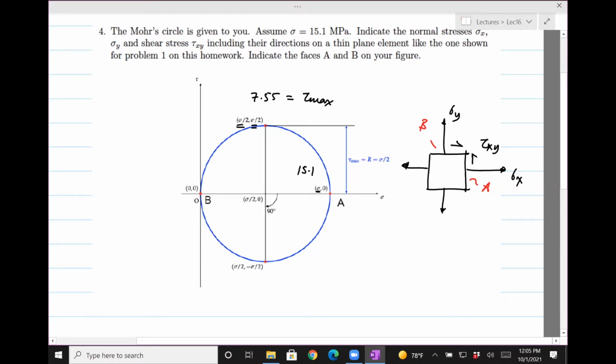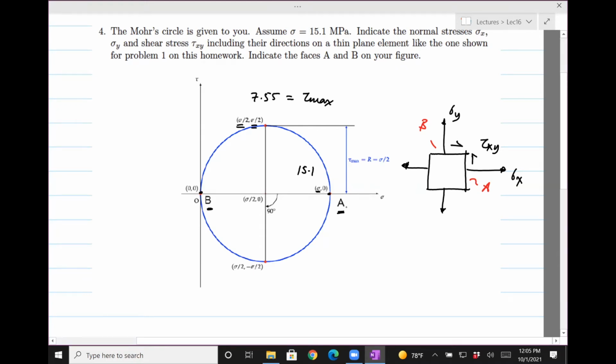Okay, so that's known. Now the question is, how do you find sigma y and tau xy? The way the circle is connected to the right side, and I don't know if some of you noticed this, is that there's A and B. A is this point, B is that point. That's the critical information you need to figure out what the stress is going to be. So clearly the stress at face A is sigma comma 0.